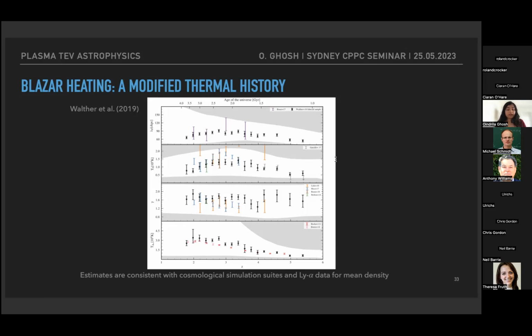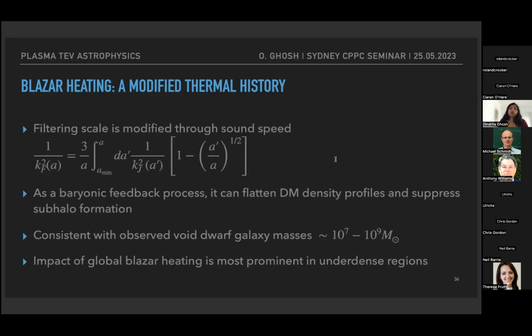Since I'm quite short on time, I will not go through all the derivations for the filtering scale, but the Jeans scale and the corresponding filtering scale are modified through the sound speed from the intergalactic medium heating due to instabilities.